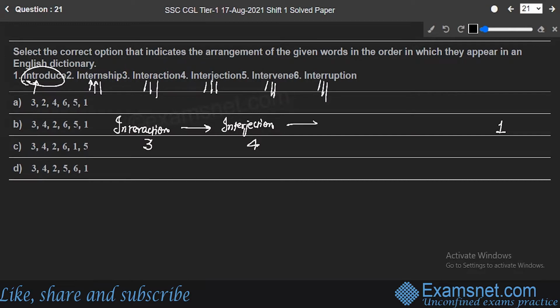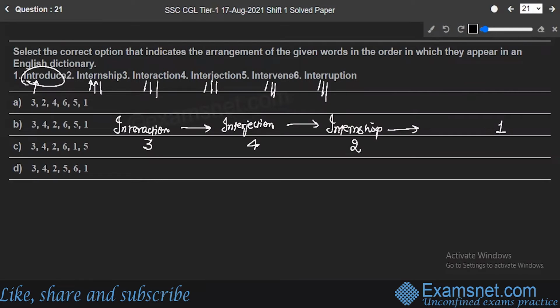After this interjection, you are having this E. After this E, you will be having this word, N. This word comes over here. Internship, which is at position 2.